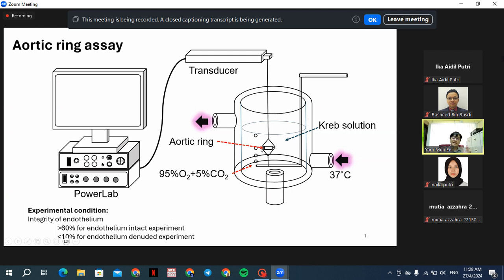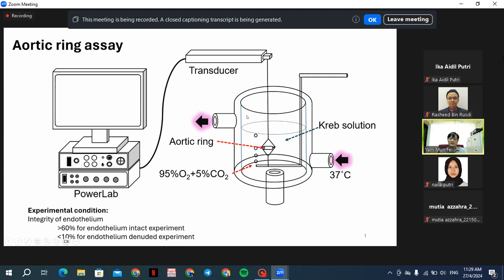These are the settings for vasodilatory or vascular tone. Normally we have a tool we call PowerLab. The PowerLab will connect with a transducer, and we have an organ bath. Once you isolate your aorta or mesenteric artery, depending on what type of artery you want to study, you can hang it according to this setup.